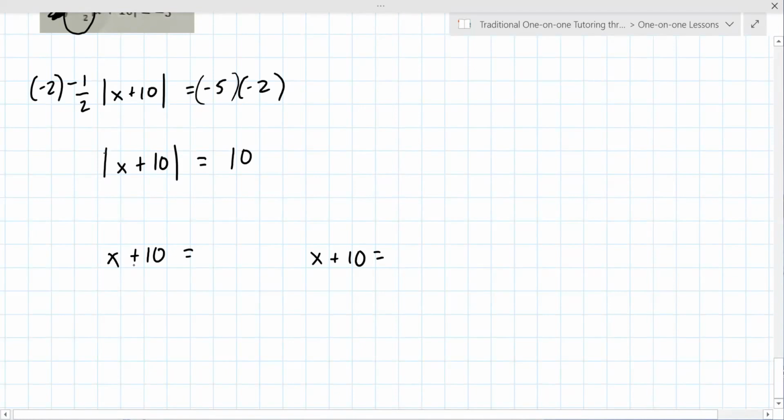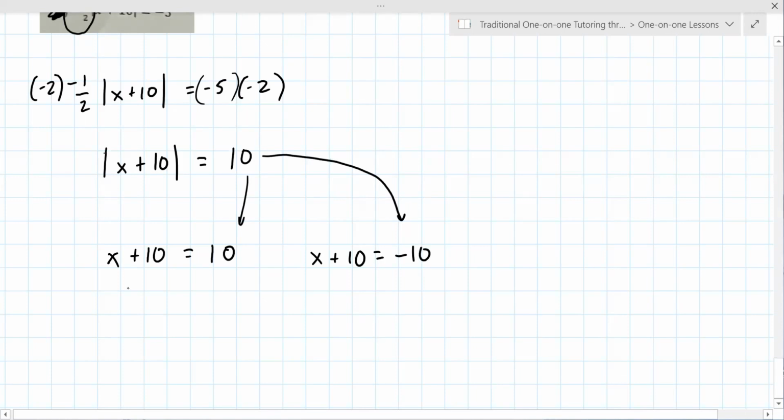In the first equal sign, you're going to write the number 10. In this position over here, you don't write 10. What do you write instead? You write -10. Very good.